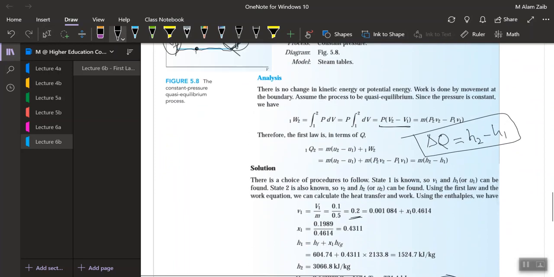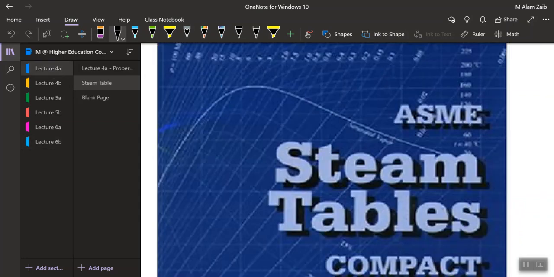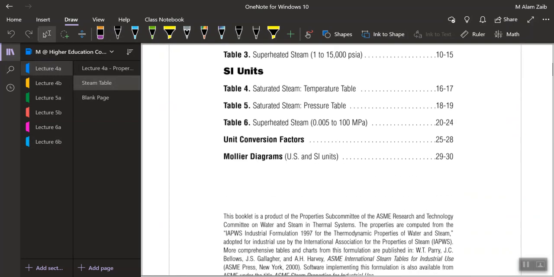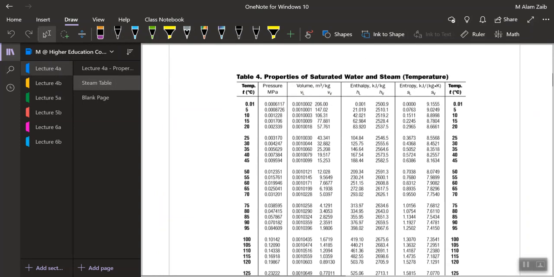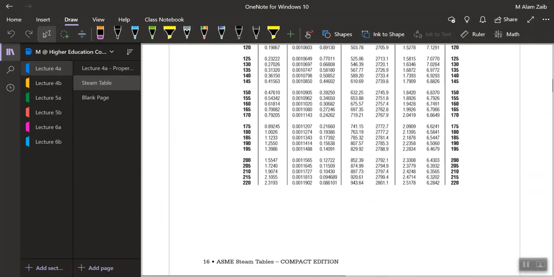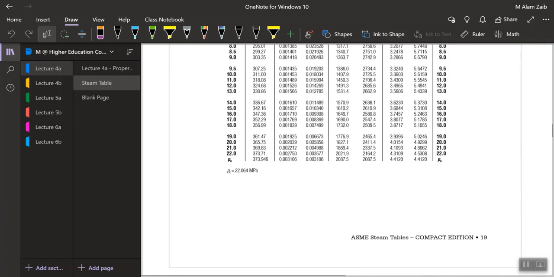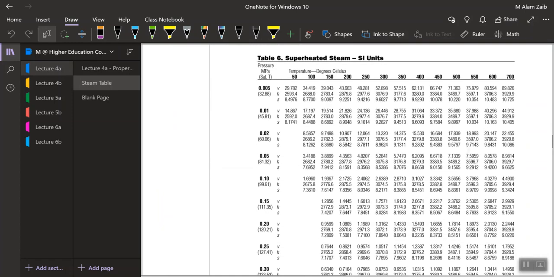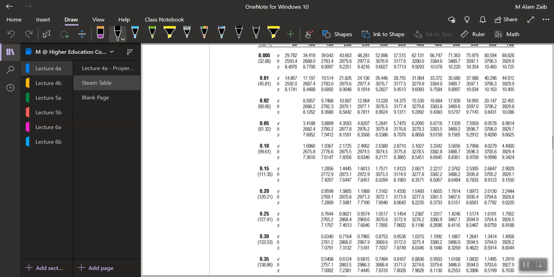Now for the enthalpy itself, finding H2 can be simplified by using the superheated steam table. Let me clear it out so you do not have any confusion. In the superheated steam table, we have 0.4 megapascal.